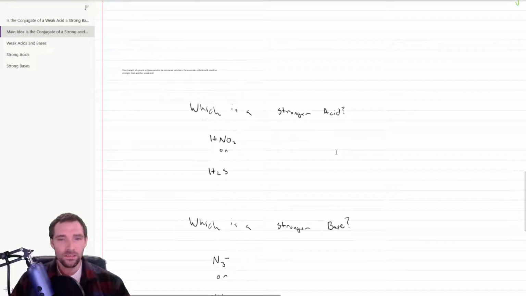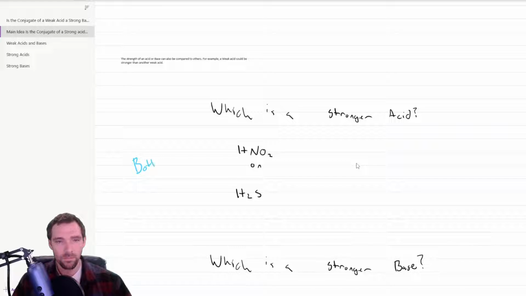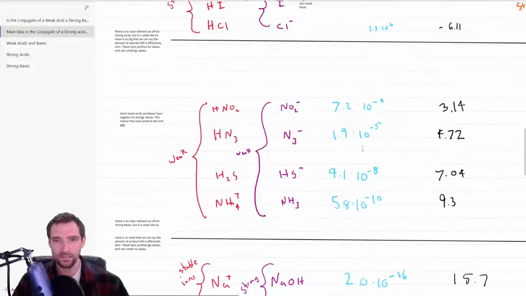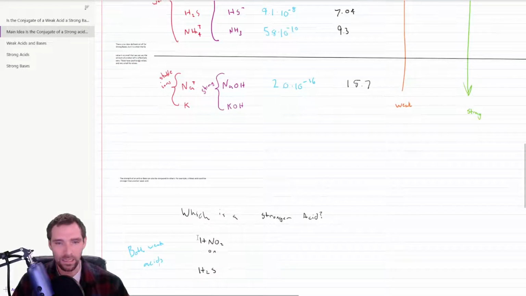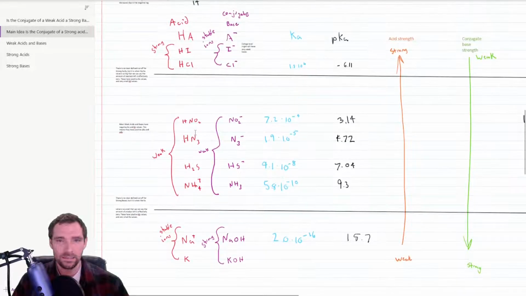If you were to think about labeling a couple of these things, it's good to be able to compare the stronger of the two acids. Although these are both considered weak acids, for these two I think we're looking at the HNO2 and H2S. So HNO2 looks like it was a stronger acid than this other one because it's got a lower pKa.